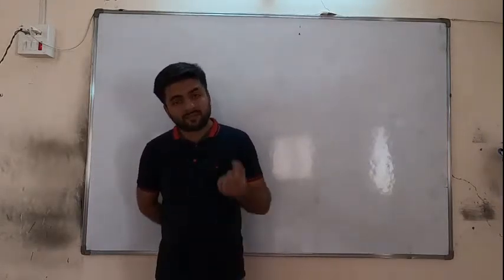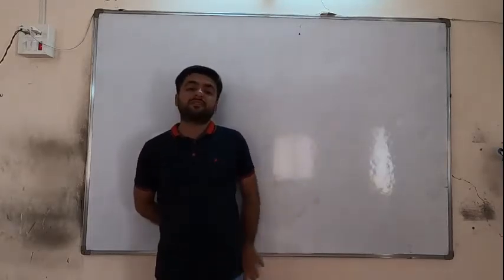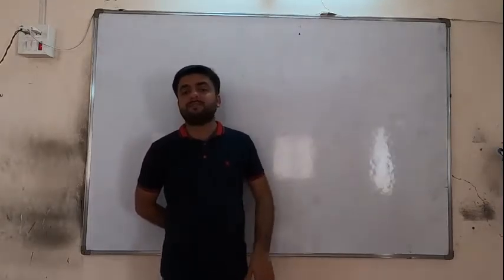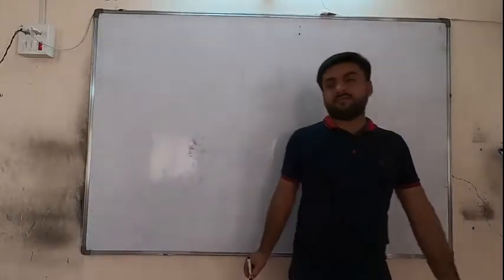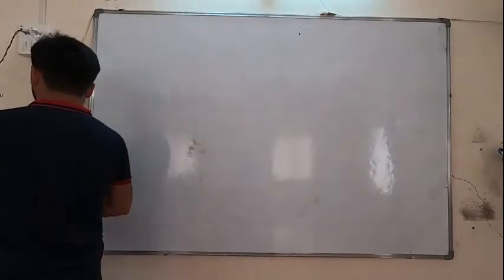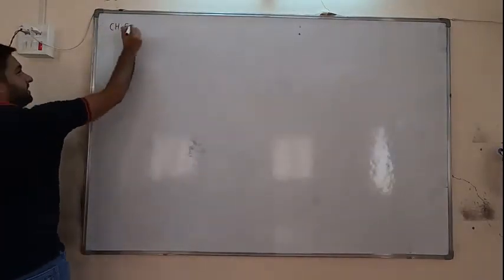The important thing from this chapter is that we will again learn journal entry once more and we will give some effects to the transaction. Okay, so let's write the name of the chapter. Let's directly start the sums. There is nothing much important here. So chapter number 5.